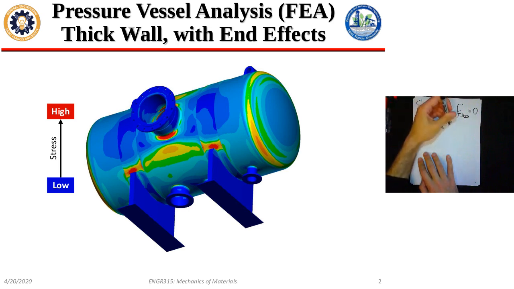That's minus the internal pressure times the internal area, or the area of the fluid that the pressure is pushing on. So if I substitute in my areas that I just found, it'd be sigma times 2 pi r t minus P internal pi r squared equals 0.